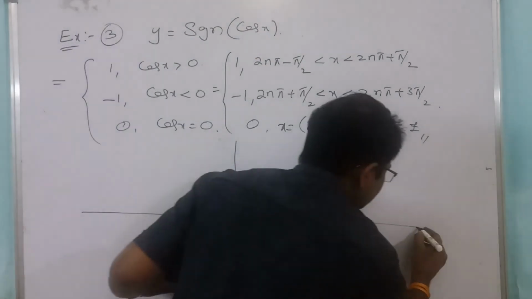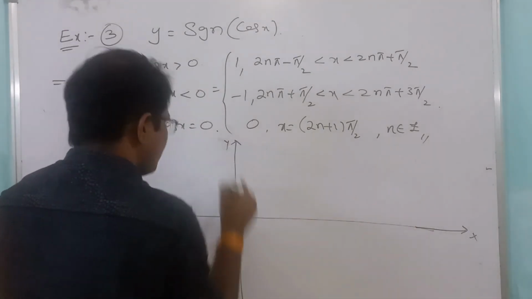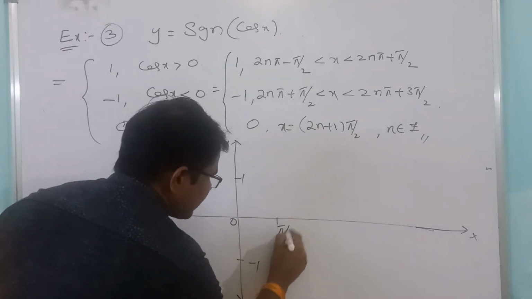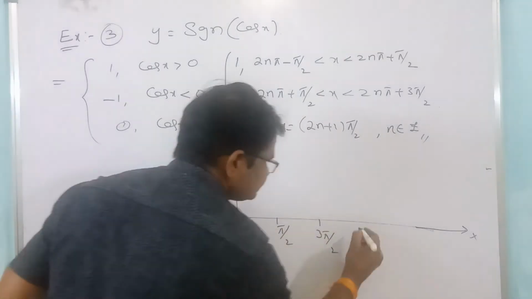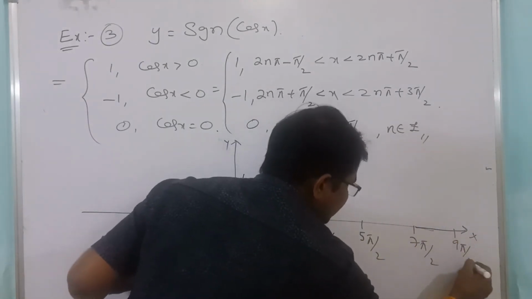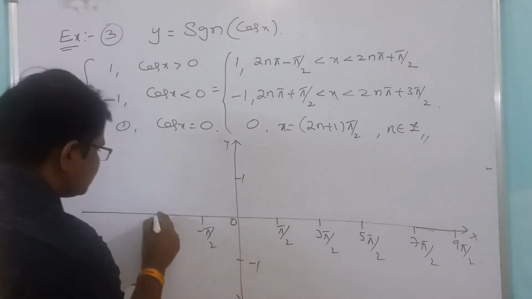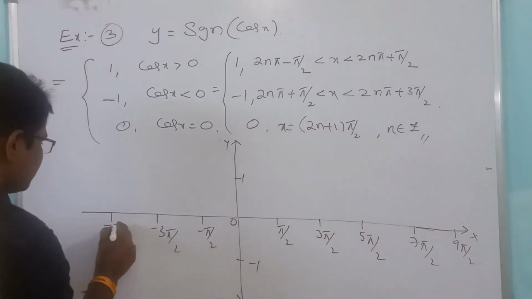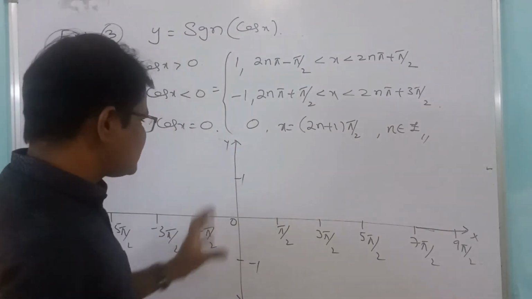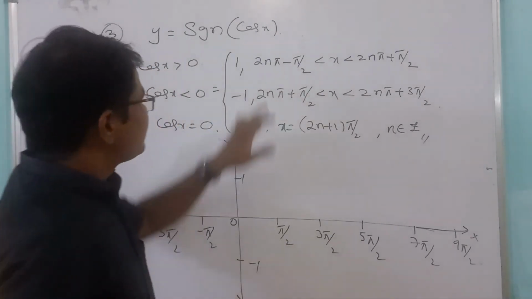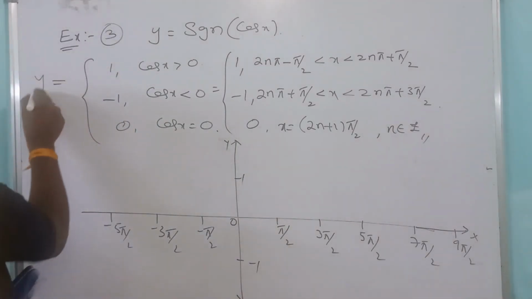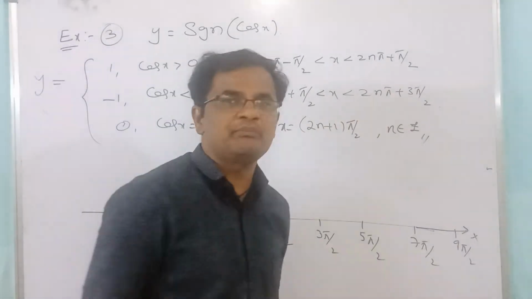So here also, take some points on the x axis and y axis. Here minus 1, here plus 1, here 0, here pi by 2, 3 pi by 2, 5 pi by 2, 7 pi by 2, 9 pi by 2, minus pi by 2, minus 3 pi by 2, minus 5 pi by 2, etc. First take this: y value is 0 when x value is an odd multiple of pi by 2.